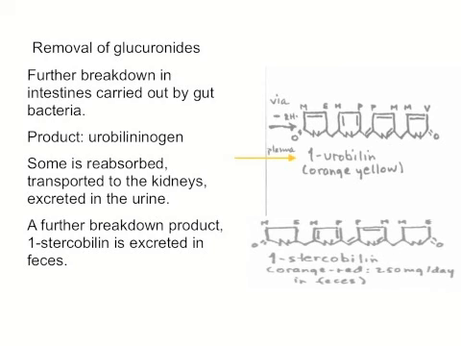This has an orange-yellow color. Some of this is reabsorbed and transported to the kidneys, where it is excreted in the urine. The remaining product is broken down further to stercobilin. This is more of an orange-red color and is excreted in the feces.